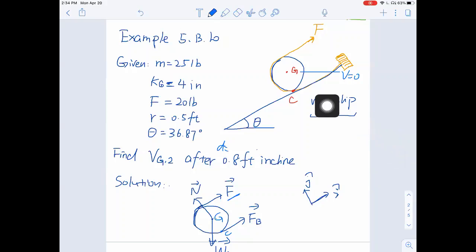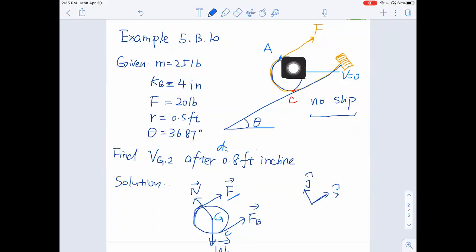So same here, if you look at this disk, point C is a 0 velocity point, that's the instant center. And this point G is traveling at VG. And at this point, let's call it point A, the velocity is going to be 2 times larger than point G, if that makes sense. You can use the instant center method to validate this.